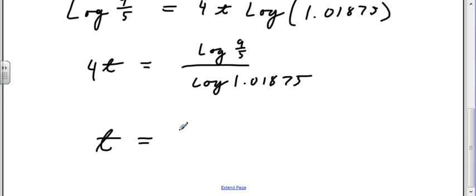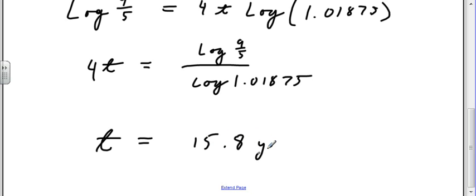T is equal to 4 times whatever that is up above. 4 times log of 9 over 5 divided by log 1.01875 times, not times, divided by 8, because it's supposed to be divided by 4, and I already multiplied by 4, and I knew to do that.